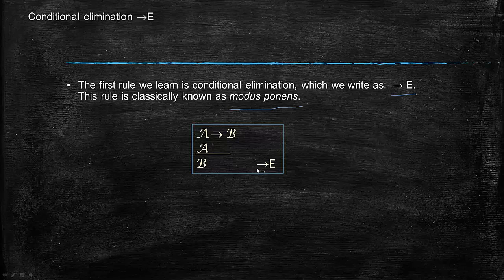And so we call this conditional elimination, and we cite the lines that we're using. So for example, if this were line 5 and this were line 9, here we would write 5, 9, conditional elimination.